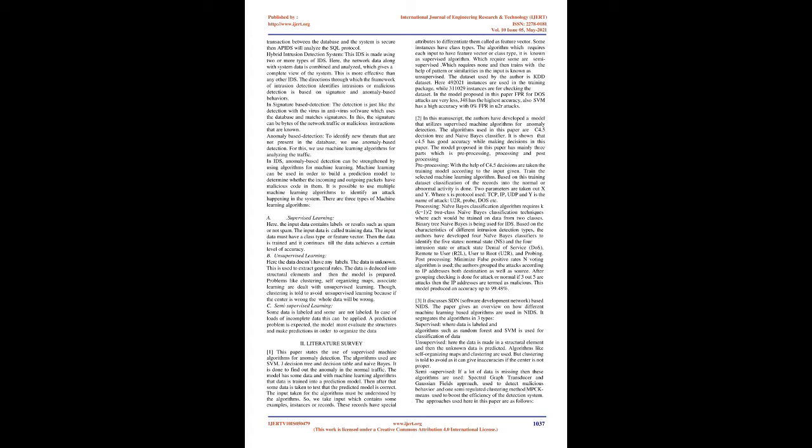Post-processing: to minimize false positive rates, a voting algorithm is used. The authors group the attacks according to IP addresses, both destination as well as source. After grouping, checking is done for attack or normal. If 3 out of 5 are attacks, then the IP address is termed malicious. This model produced an accuracy of up to 99.48%.